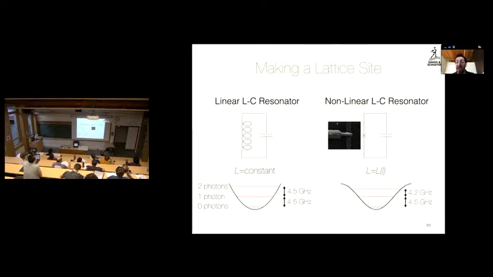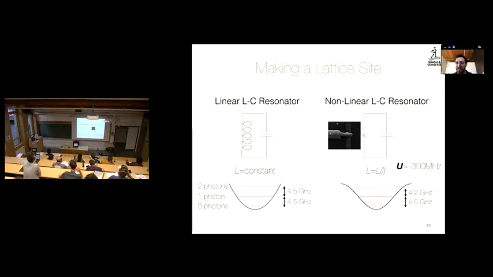But it's extremely nonlinear. If the first photon you put into this Josephson junction capacitor resonator has a frequency of 4.5 gigahertz, then when you try to put a second photon in, the junction is so nonlinear that the frequency of that second photon is 4.2 gigahertz.